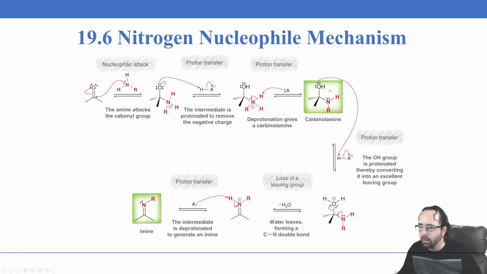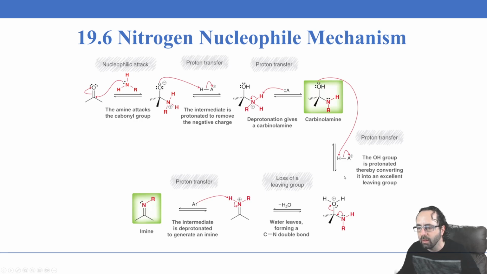At this point, this reaction will continue in a way analogous to the hemiacetal to the acetal. This is analogous to the hemiacetal in the reaction with the nitrogen nucleophile. And in that reaction, it would be the same step here where now the oxygen gets protonated by the acid. And at that point, the formation of the imine occurs when we have the loss of water as a leaving group.